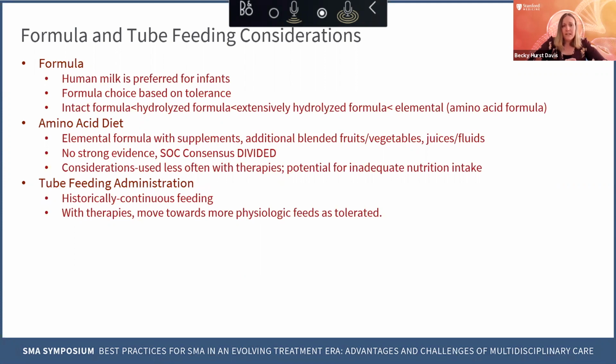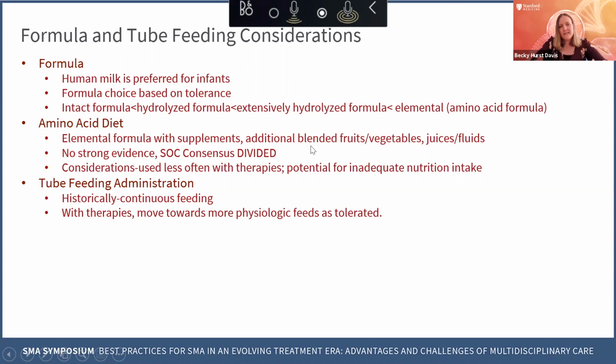So you go from an intact to a hydrolyzed. We do skip out soy. We don't even look at soy in this process, just because there is an allergy that's behind the intolerance that soy would also probably be on that same scale. So we went from an intact formula to more hydrolyzed formulas all the way to an elemental formula.